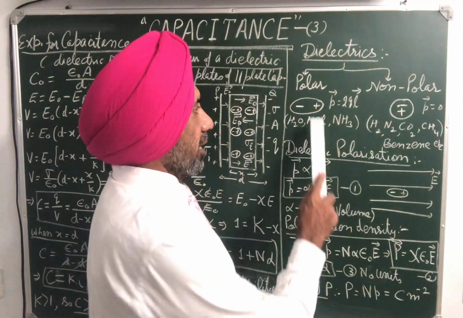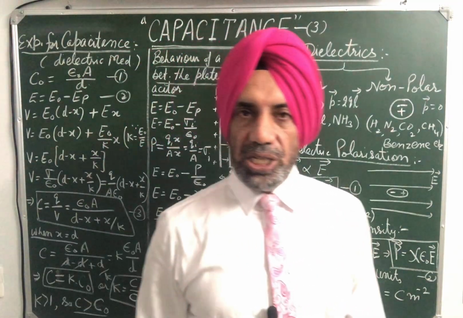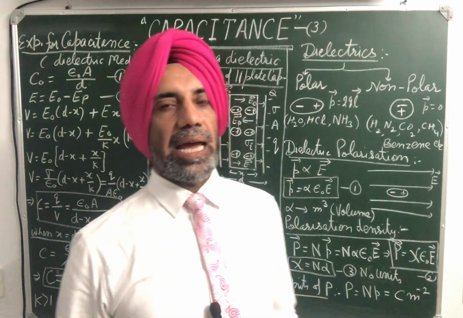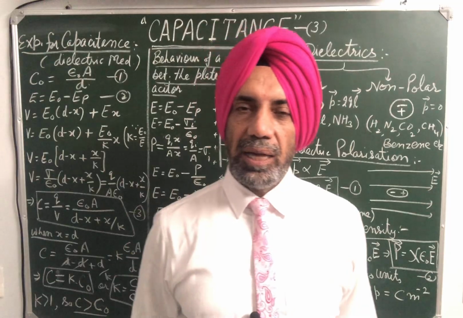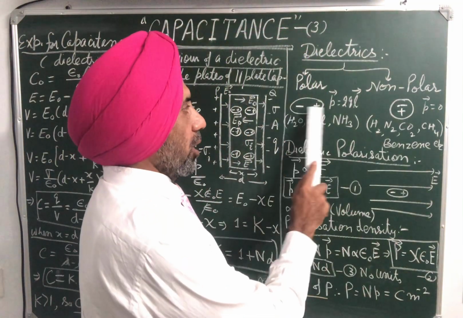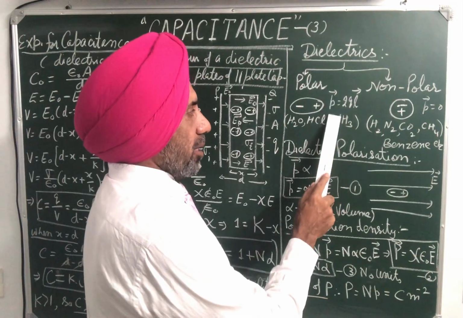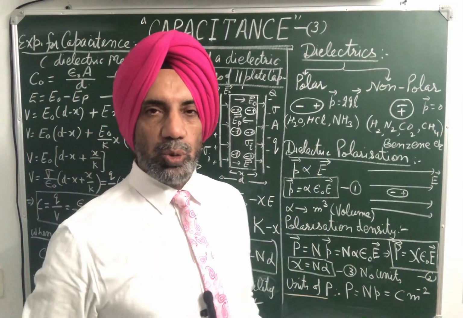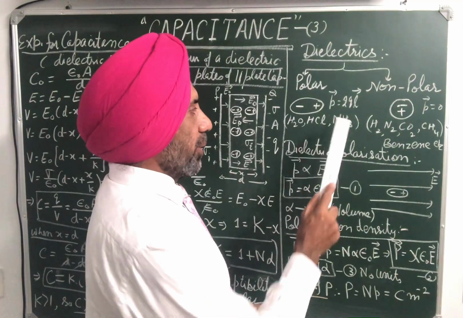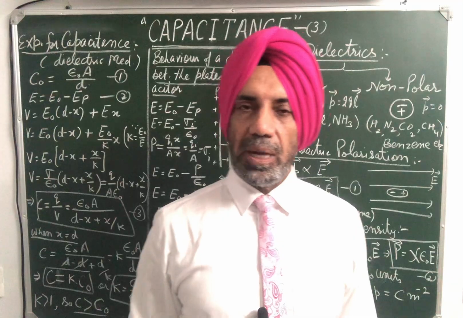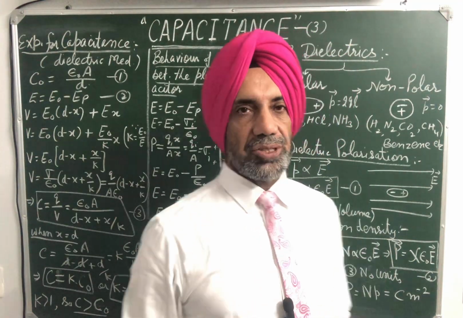Those materials in which Cg of positive and negative charge do not coincide and which have a permanent dipole moment are known as polar dielectrics. This permanent dipole moment is given by P is equal to Q into 2L. For example, H2O, HCl, NH3 are some examples of polar dielectrics.